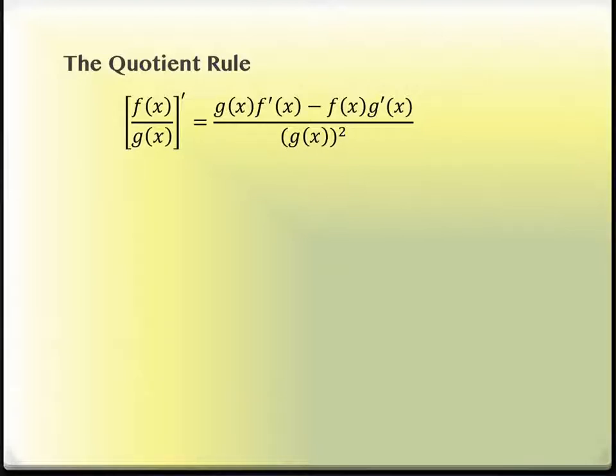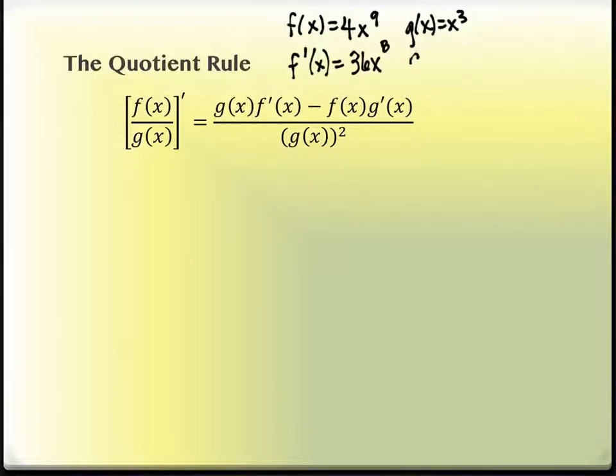So what I'd like to do first is, again, show you that it really will give me the result that the other one wouldn't. So again, I had f of x is 4x to the 9th. G of x is x cubed. F prime is 36x to the 8th. And G prime is 3x squared.